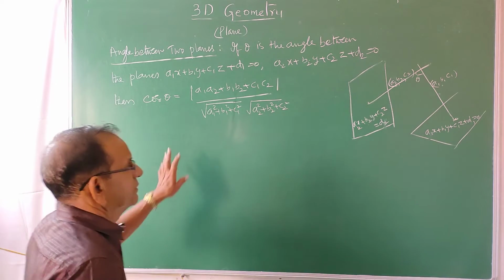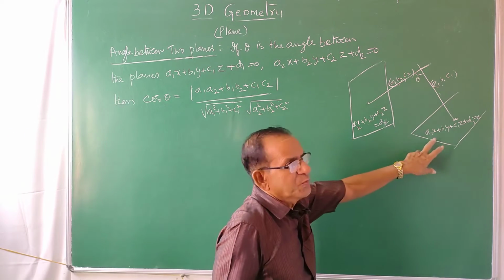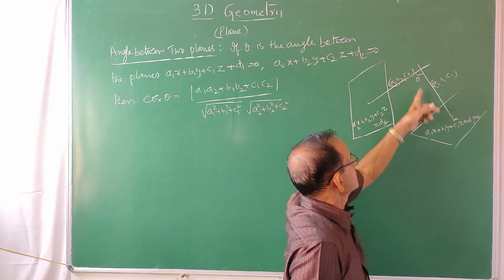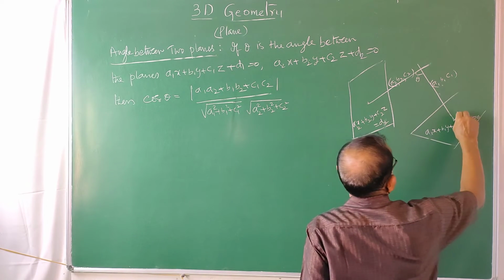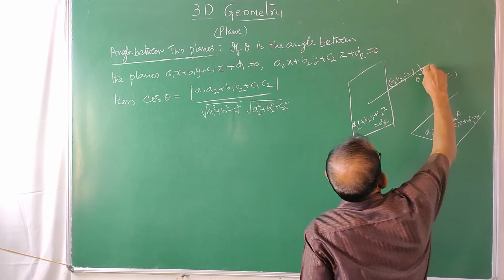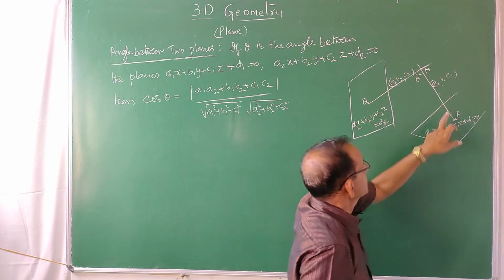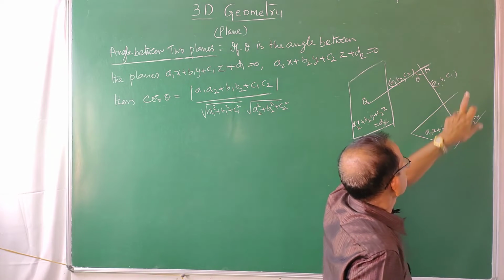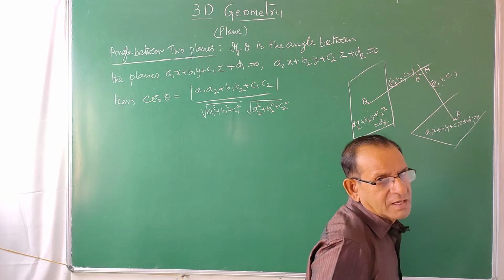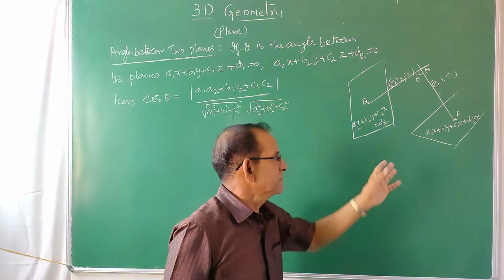Now see this part. Here there are two planes. This is the normal to the plane. Let us consider this as Pn and this is Qn. Qn is the normal to the second plane. The direction ratios of this normal are a1, b1, c1 because the equation of the plane is a1x plus b1y plus c1z plus d1 is 0.